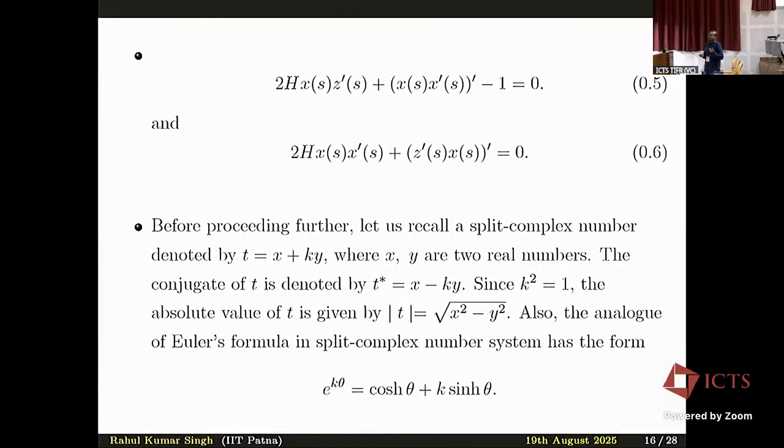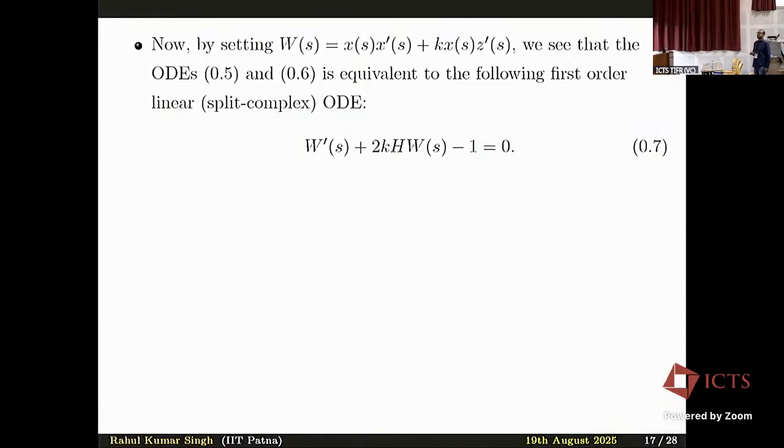They are numbers of this form, where k is defined by k squared equal to 1, and then we can also define its conjugate, which is given by this, and the absolute value of T will be given by this. Also, for split complex numbers, the analog of Euler's formula holds. So this is the Euler formula.